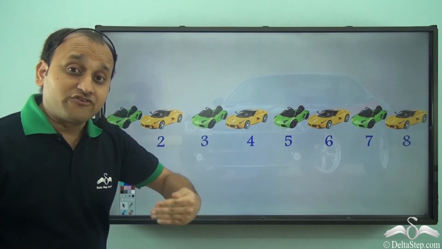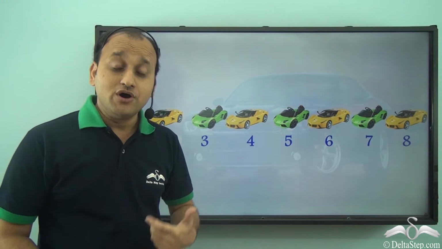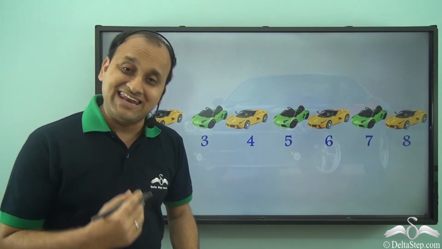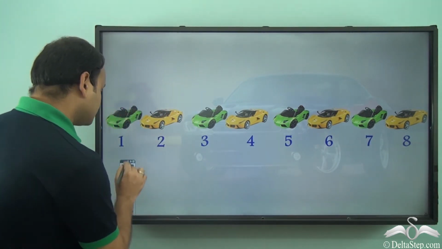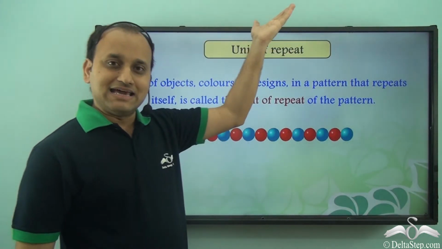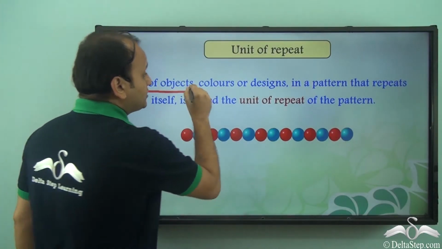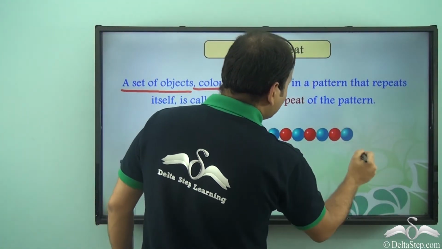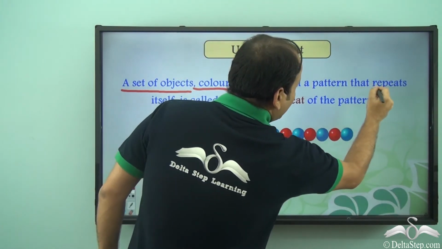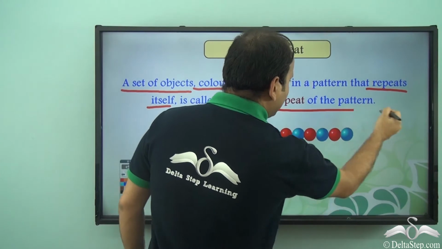So unit of repeat is a very important concept which you need to know if you want to identify any pattern. So what exactly is a unit of repeat? Well, a set of objects, colors or designs in a pattern that repeats itself is called the unit of repeat of the pattern.